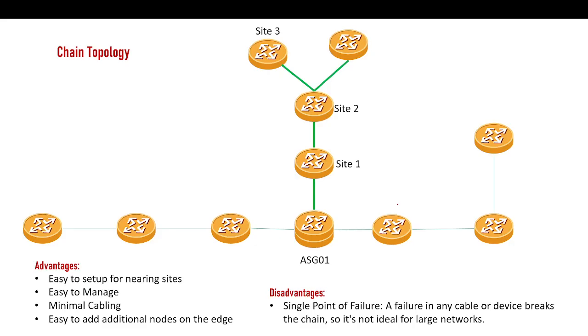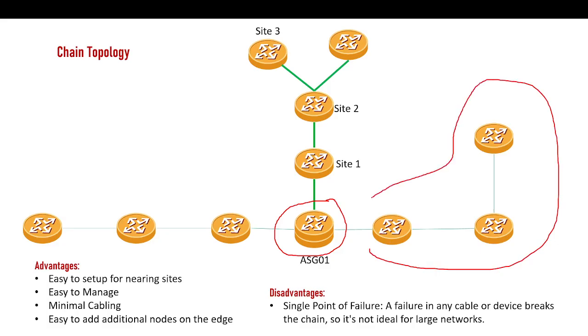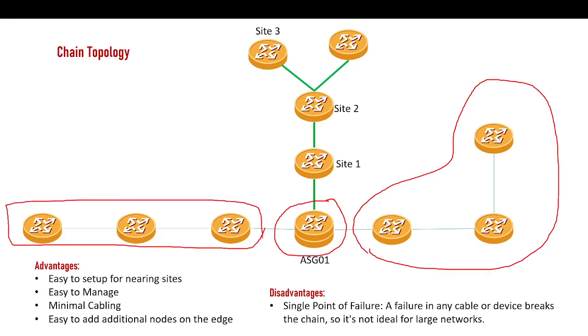Next, we have the chain. You have an aggregation node here, connecting to a chain of other CSGs going to different locations, different directions. So this is the chain topology. Of course, it's still easy to set up when you have nearby sites.